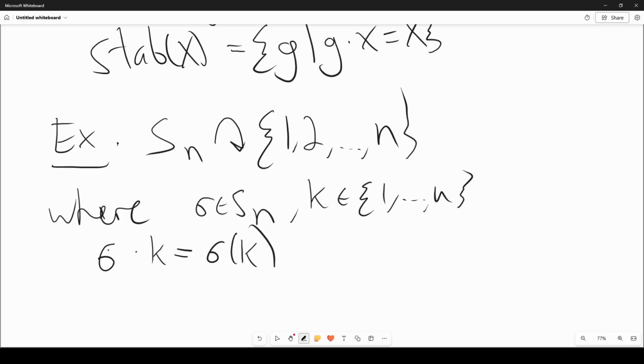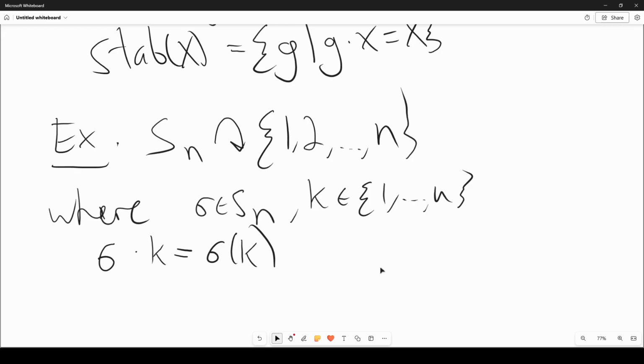So this is just saying if I want to have sigma act on this set element k, just find where sigma sends k as a permutation. So you might have the permutation that sends 1 to 2, 2 to 3, 3 to 4, and so on and so forth. That permutation dotted with maybe n equals 1, and with 1 it equals 2, and so on and so forth.